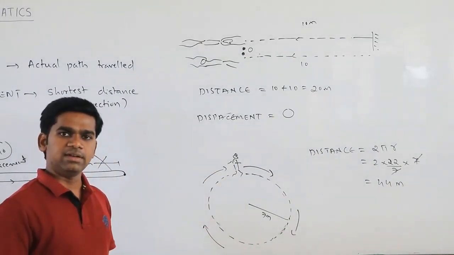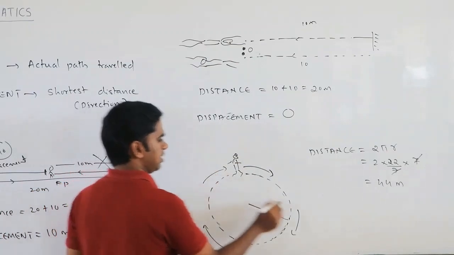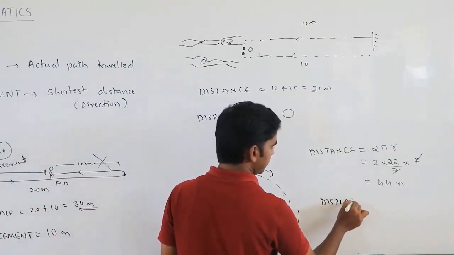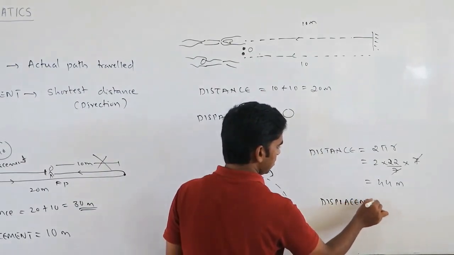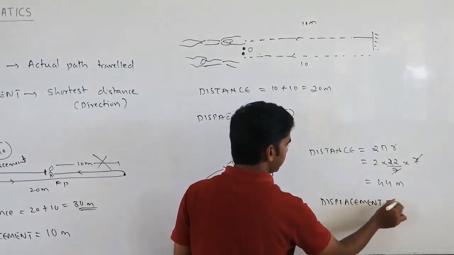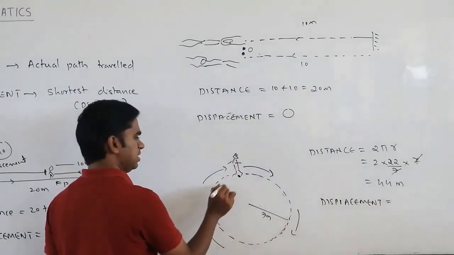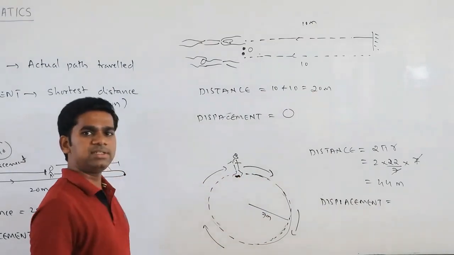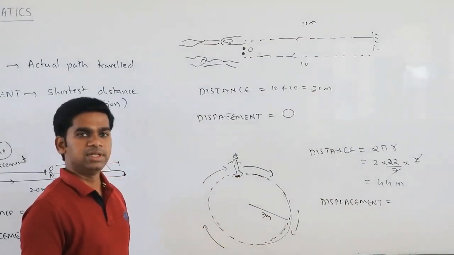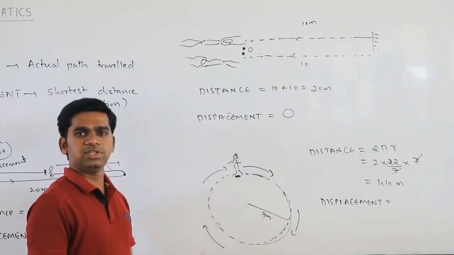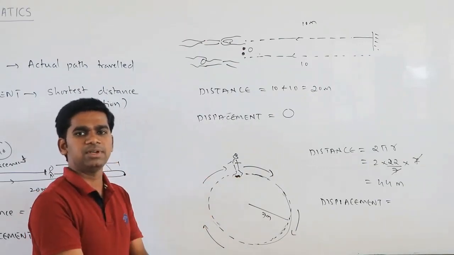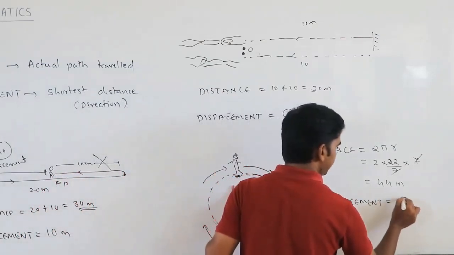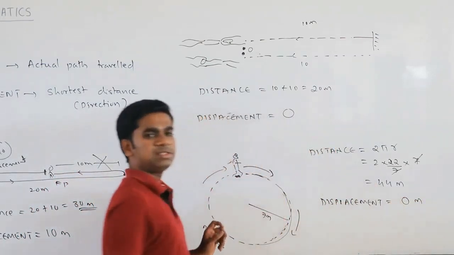Then what is the displacement? He started from this point, took the complete path, and again comes here only. What is the distance between initial and final position? It is 0, because the initial position is also that only, and the final position is also that only. So your displacement is going to be 0.